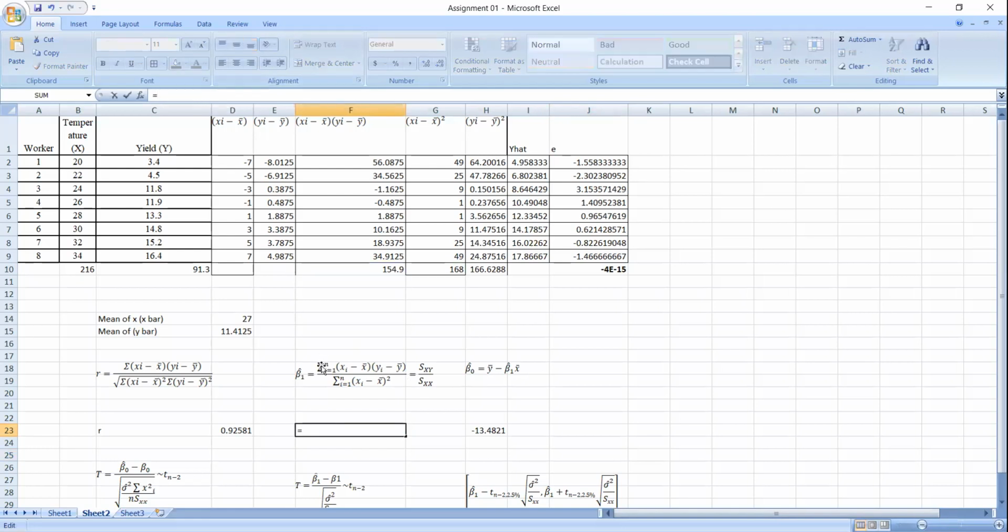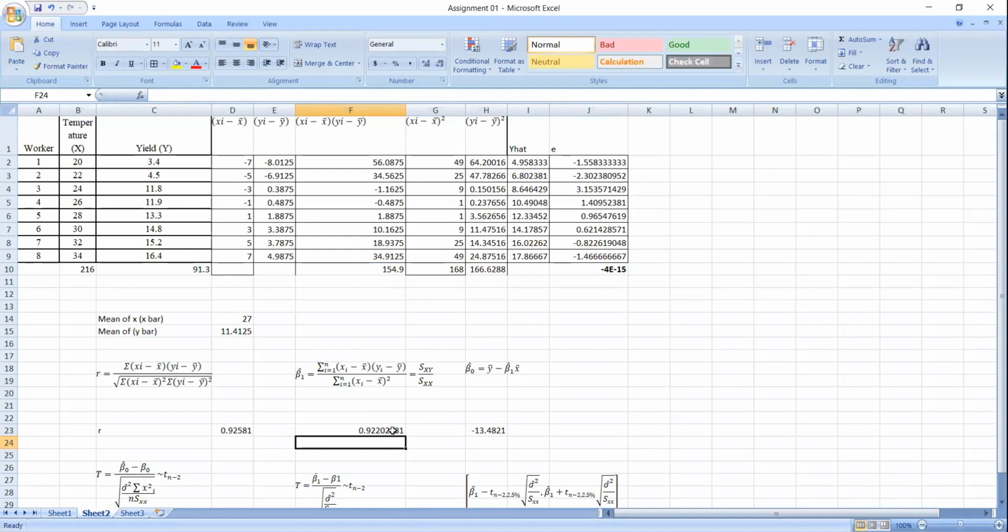You can see the numerator is the summation of xi minus x bar into yi minus y bar. That is the summation of this product, column F, which you divide by the summation of xi minus x bar squared. The summation of xi minus x bar squared is this. Then you will have the beta 1 hat value.